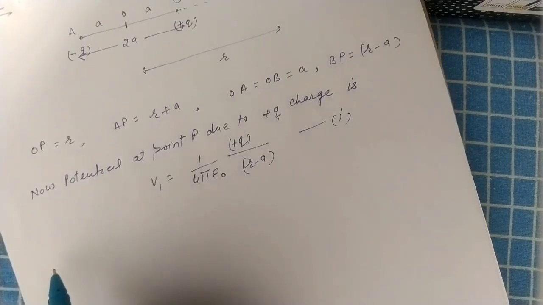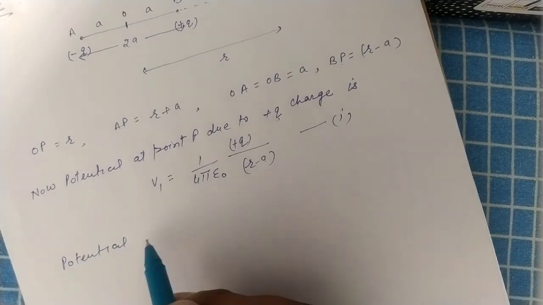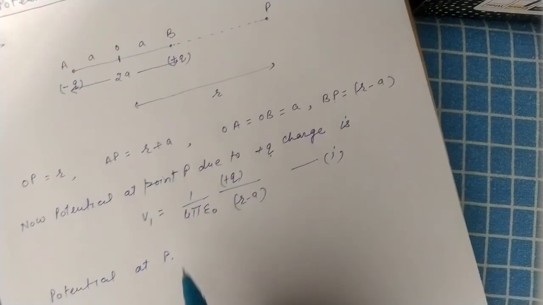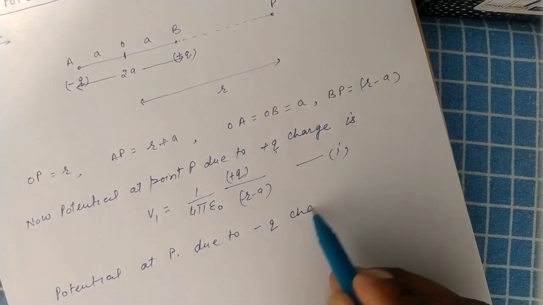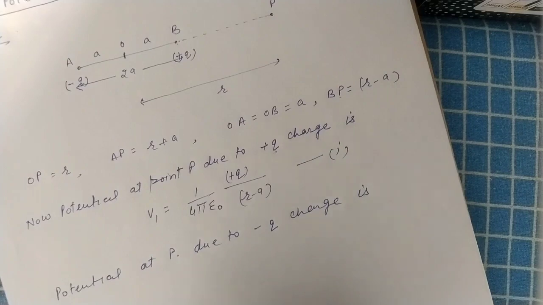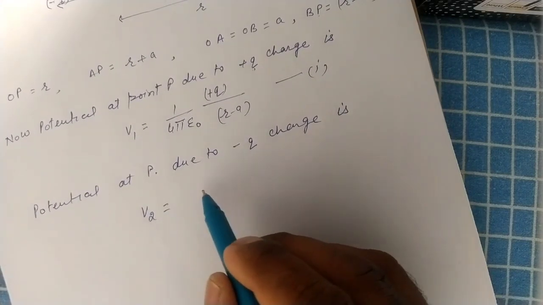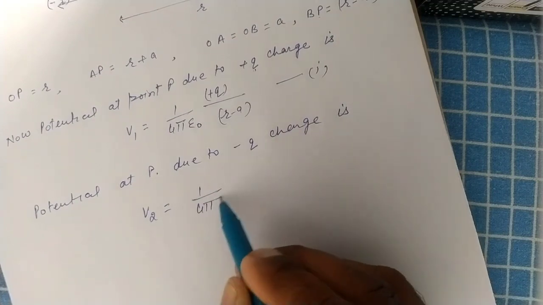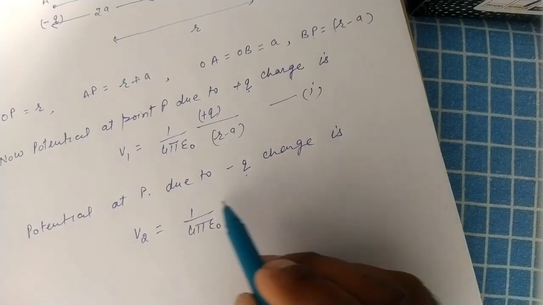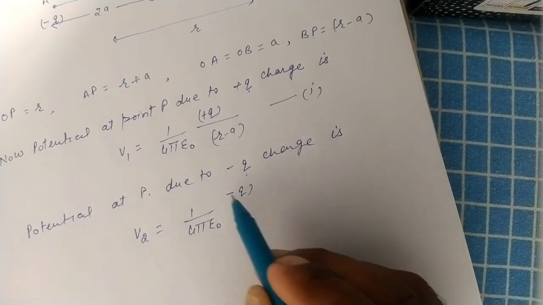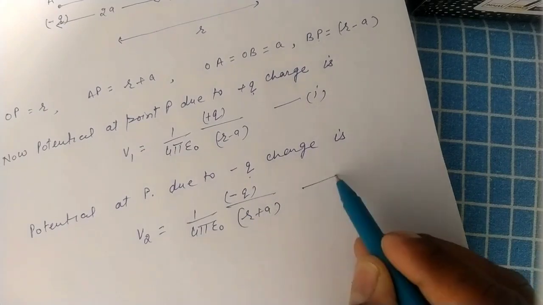And also potential at point P due to minus Q charge is V2 is equal to 1 upon 4 pi epsilon naught. Here the charge at point A is minus Q. Therefore, we can write minus Q divided by R plus A, the second equation.